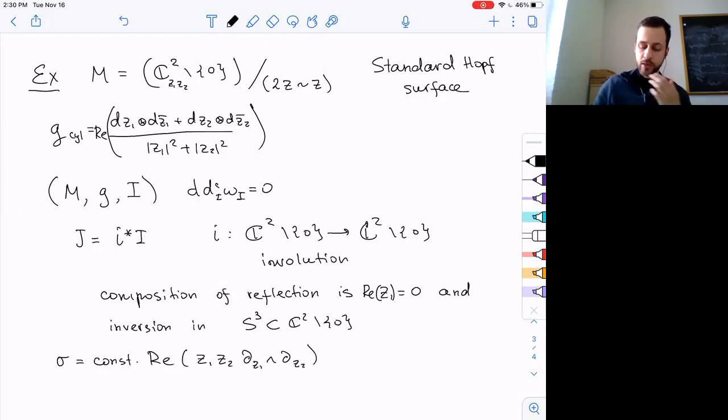So it's generically invertible, but it vanishes on two loci. One is when z1 is 0, and the other when z2 is 0. And even though they intersect, of course, in C2, they do not intersect on M because we removed the origin. So that's a prototypical example of a manifold we should think about in terms of what we're going to discuss.